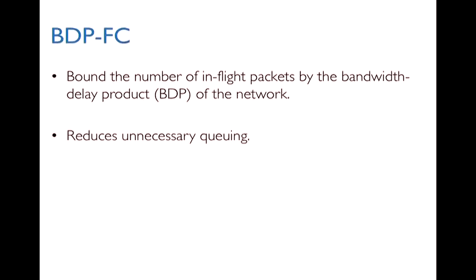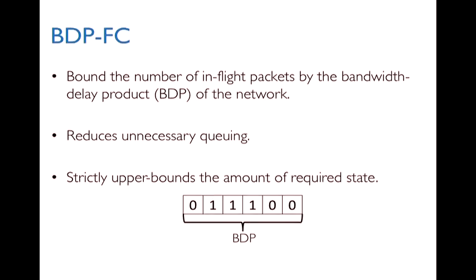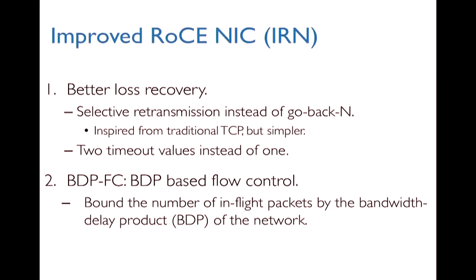It helps us improve performance by reducing unnecessary queuing. The main advantage it has in our case is that it gives us a strict upper bound on the amount of state that is required to be maintained at the two endpoints in order to keep track of the lost packets, because it gives us an upper bound on the total number of out-of-order packets. This makes our hardware state management much more tractable. So these are the two changes that we make with IRN: better loss recovery and BDP-based flow control.